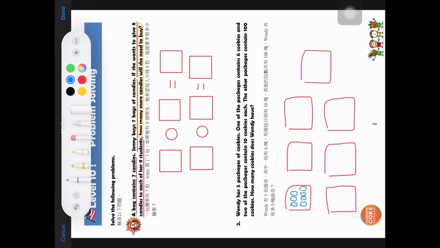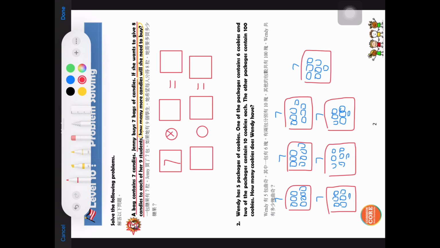So we have 7 bags of 7 candies. Therefore, the total number of candies she got would be 7 times 7, which equals to 49.